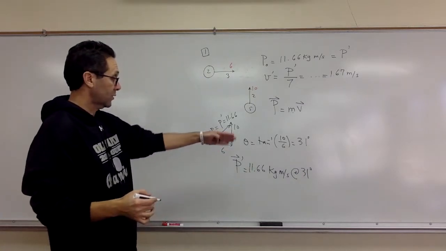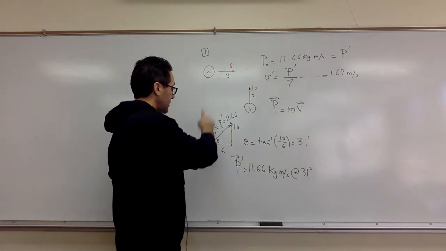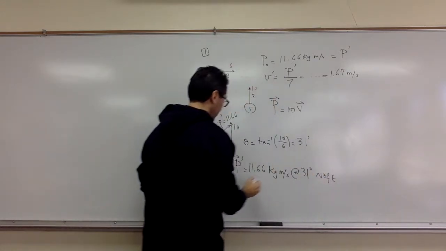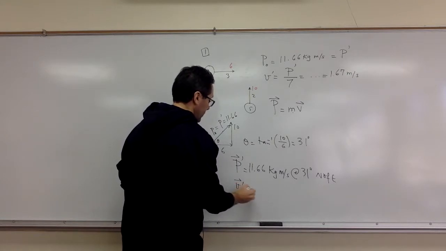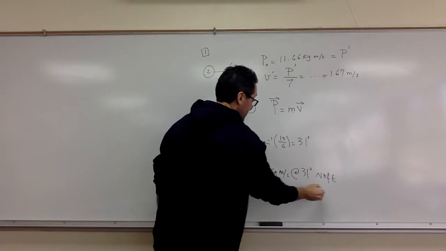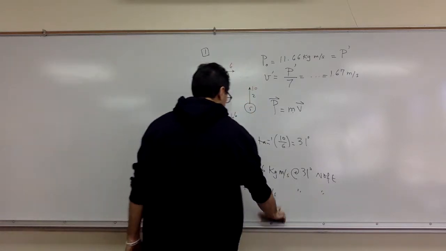I guess we can look at right as east and up as north, so north of east. Now for the velocity after, that's going to be 1.67 meters per second at the same angle, always.